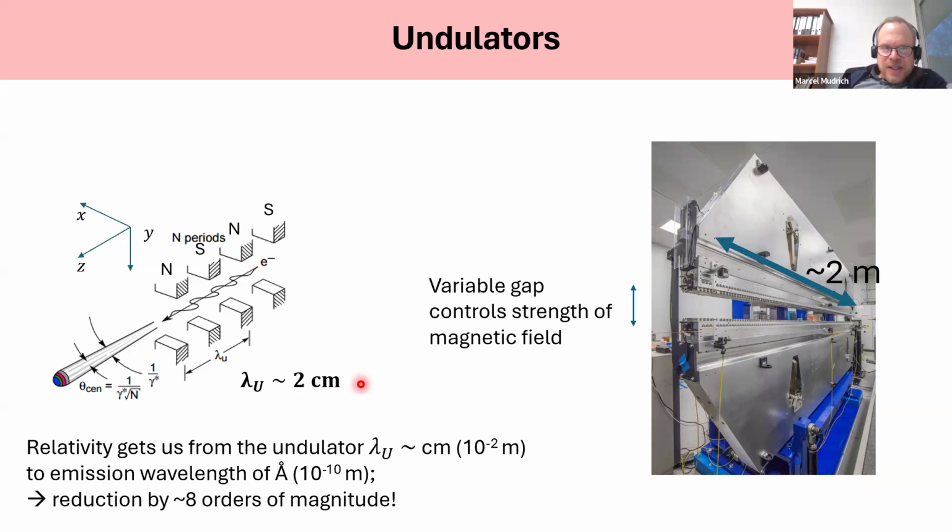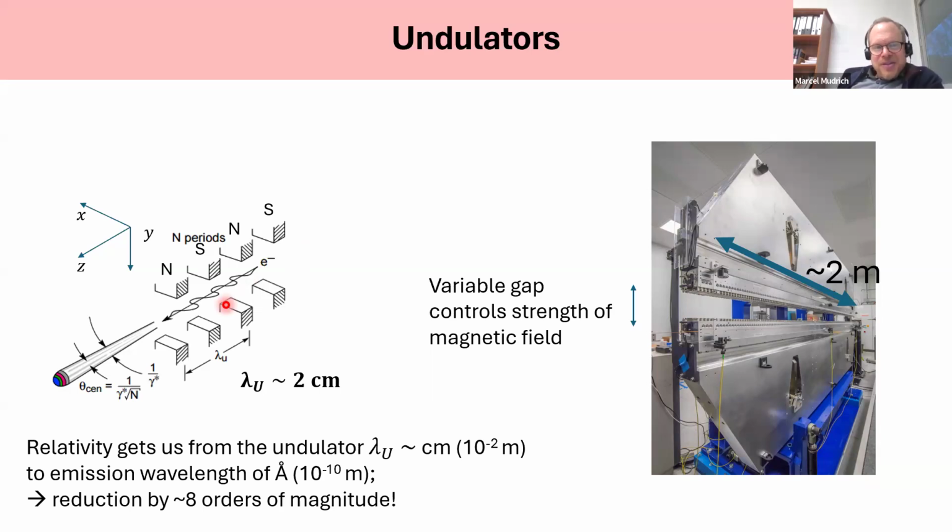If we want X-rays, X-rays have a wavelength on the order of angstrom. So somehow we have to get from these 2 centimeter periodicity given by the undulator down to the angstrom wavelength regime.